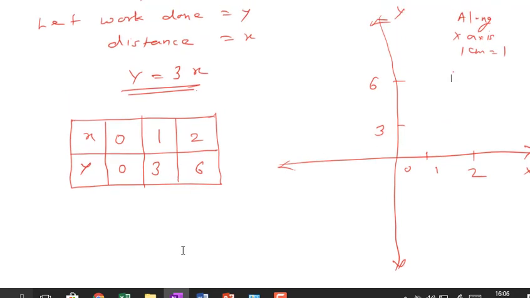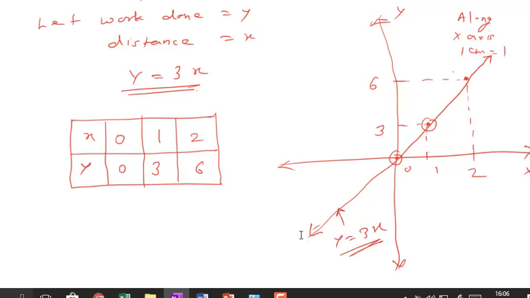So 0, 0 is this point, then 1, 3 is along x-axis 1, along y-axis 3, I have this point, and 2, 6 I have this point. Now with the help of a scale you can draw a line which is passing through these 3 points. So this is your equation, y is equal to 3x.